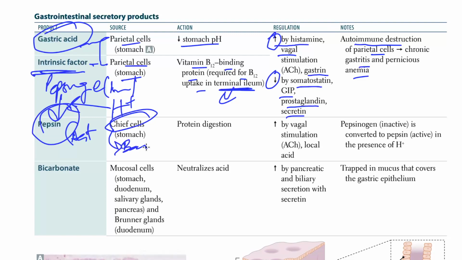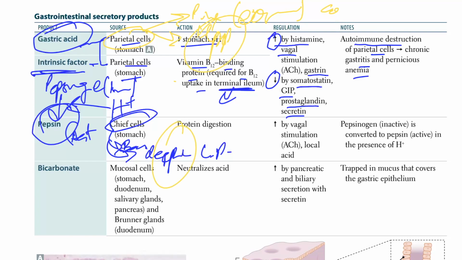Basophilic, dark basophilic cytoplasmic cells, and they are present in the deeper portion of the lamina propria, while the other ones, which are the parietal cells, these are your pink eosinophilic cells. Pink means eosinophilic cytoplasm, and they are present in the upper portion of the lamina propria.